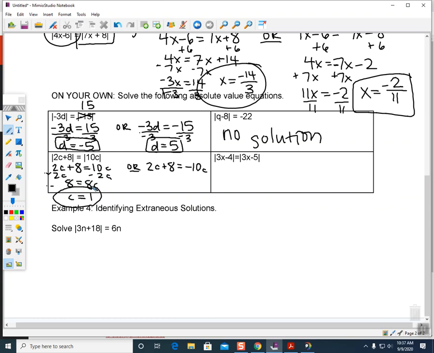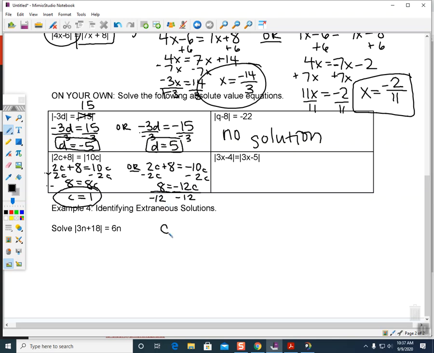I'm going to subtract 2c over here. I'm left with 8 equals negative 12c. I'm going to divide both sides by negative 12. But I need to simplify this. 8 over negative 12 is not in simplest form. So how am I going to reduce this?